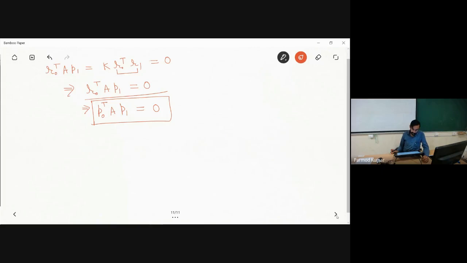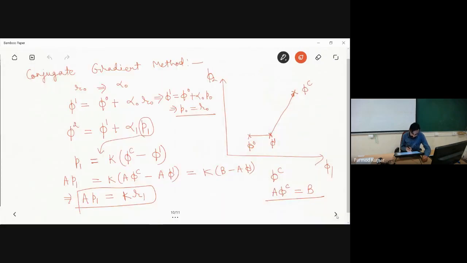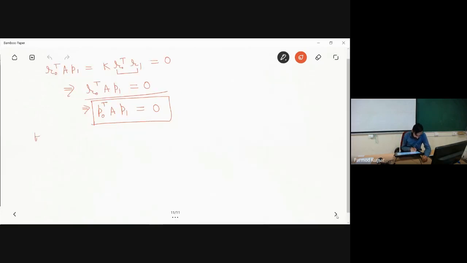So this is one important point over here. Now, I have already written that phi 2 is nothing but phi 1 plus alpha 1 into P1. But now the question comes: how to determine P1? We have selected some direction P1, but how do we determine it? For answering this question, first we will try to know what quantities are known to us.